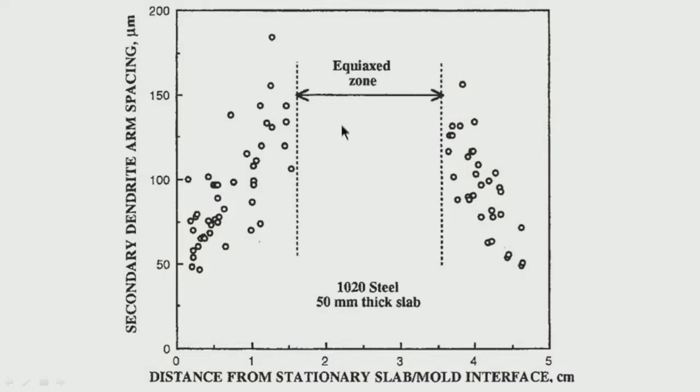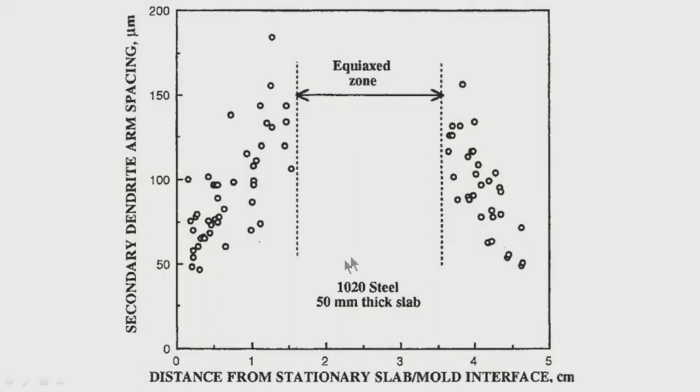As I have told you, at both the surfaces you have columnar zone, and in the central portion of the casting you have equiaxed zone. In the columnar zone, at the surface it is very fine. You see the secondary dendrite arm spacing is about 50, say. It increases to as high as maybe 150 as you are going inside.